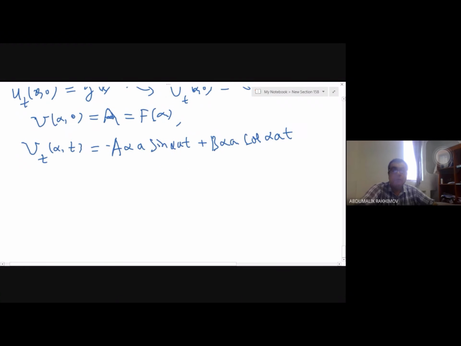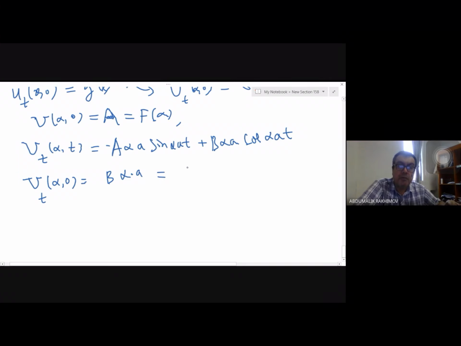Okay. Now I will substitute into the condition U_t(alpha, 0) equal to G(alpha), right? So if you substitute T equals 0, the first term vanishes, and you get B alpha A cosine 0, which is 1, right? When T is equal to 0, cosine 0 is 1.